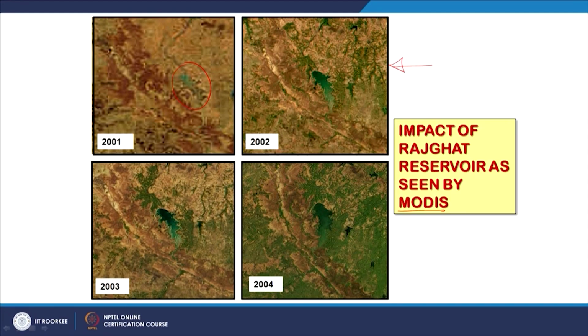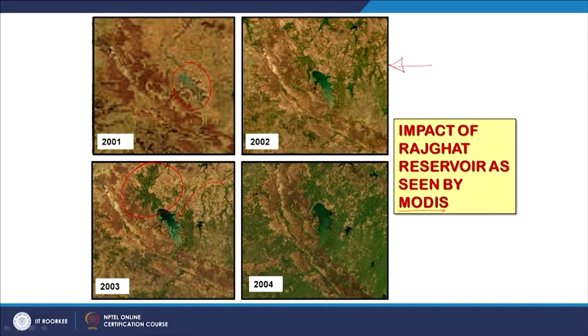So, compare 2001 with 2004, and you will get the answer to how many years it would take to recharge the groundwater regime in a hard rock terrain like the Bundelkhand area. Just 2 years. After 2 years, as you can see, a large area is getting benefit because of this reservoir.